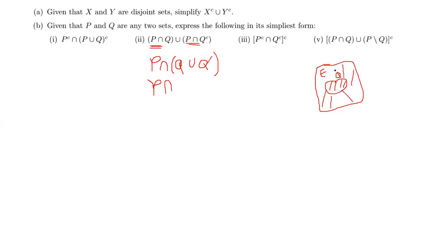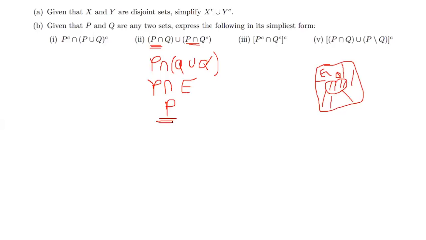So when I combine Q and Q complement, I'm going to have the whole universal set. I can either use E or U, it's still the same. So P intersection E will still remain P. So this is how you simplify the second question.